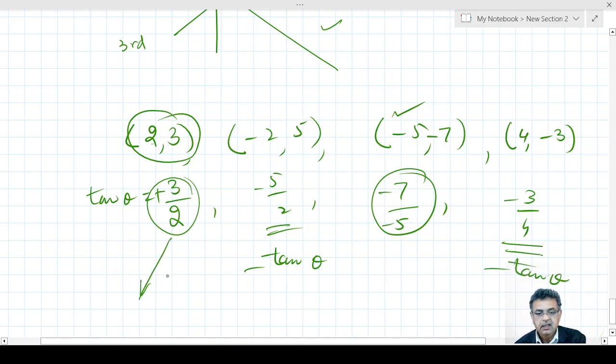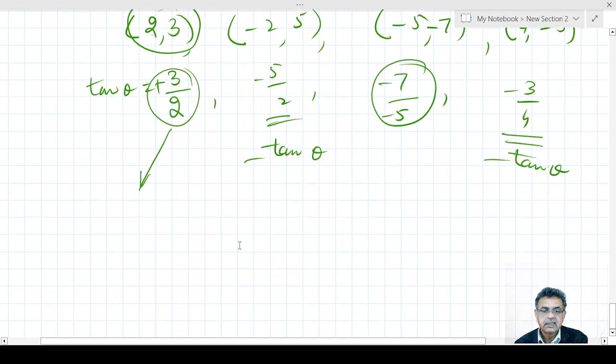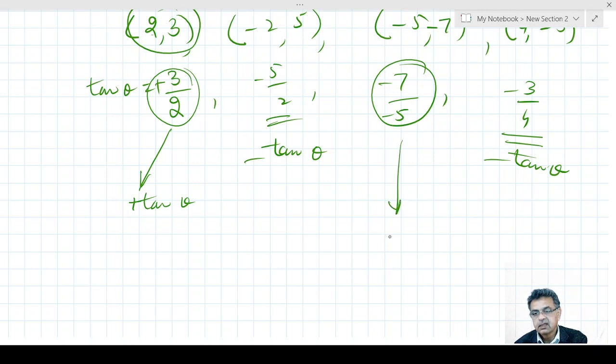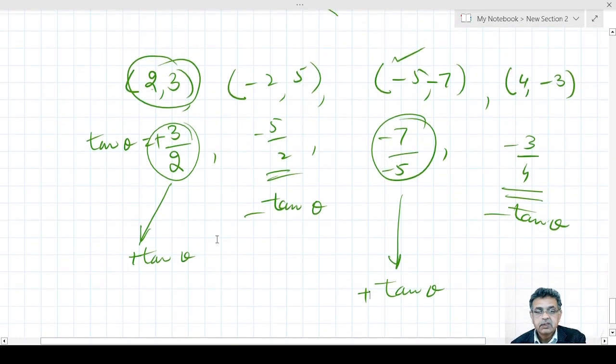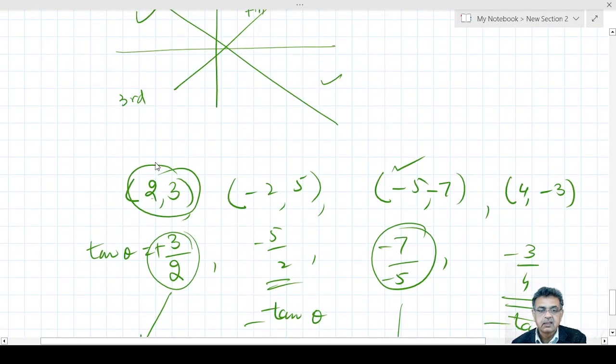Here tangent theta is positive, and in this one again tangent theta is positive. In which quadrants are these two points? This point is in the first quadrant, and this point is in the third quadrant.